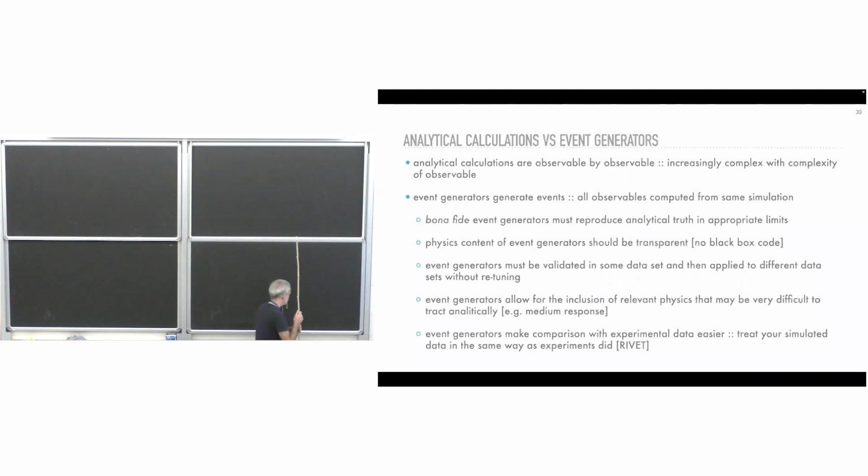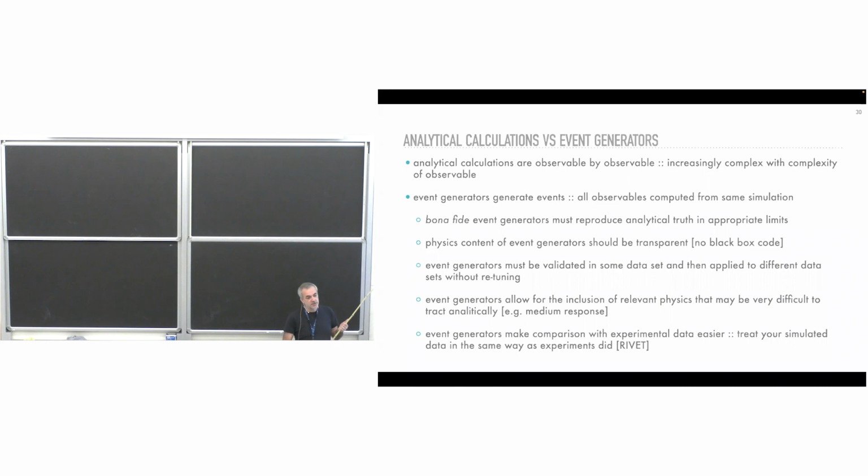So we could continue along these lines. We can think of many, many observables. I'll write some on the blackboard at some point. We can define many, many observables from a jet. And every time I want to calculate a new observable, I have to do a new analytical calculation, or at least change my analytical calculation somehow.